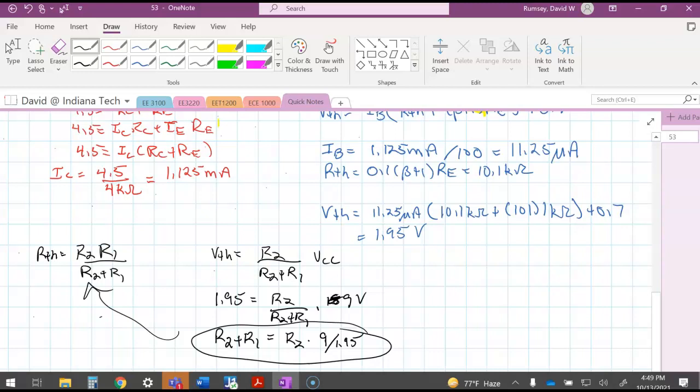I know that R Thevenin is supposed to be 10.1 K, so 10.1 K is equal to R2 times R1 over R2 times 9 divided by 1.95.